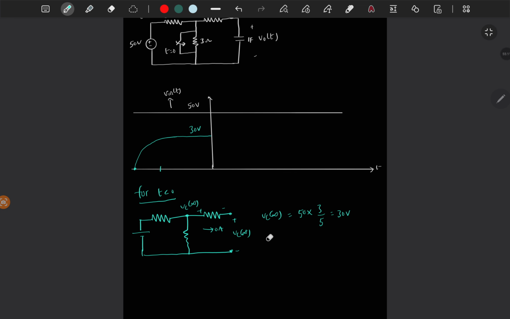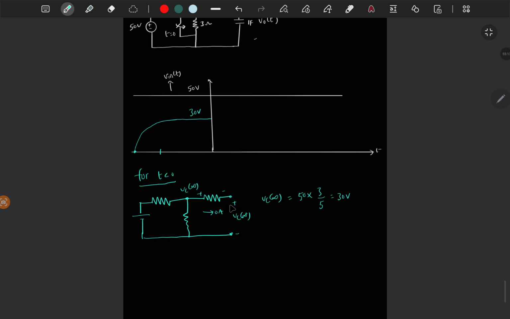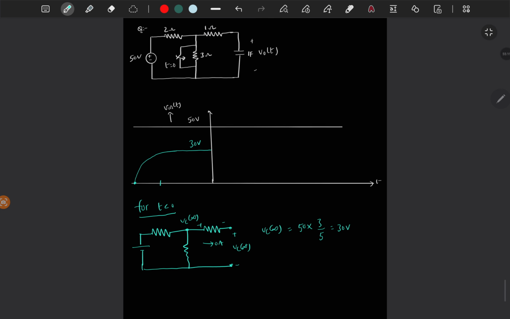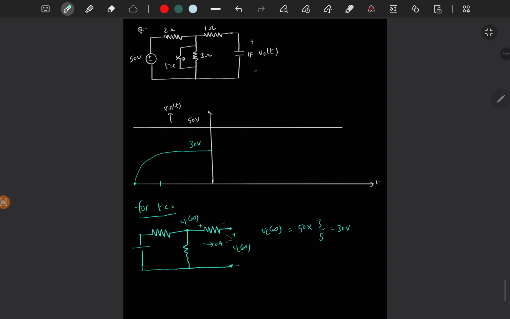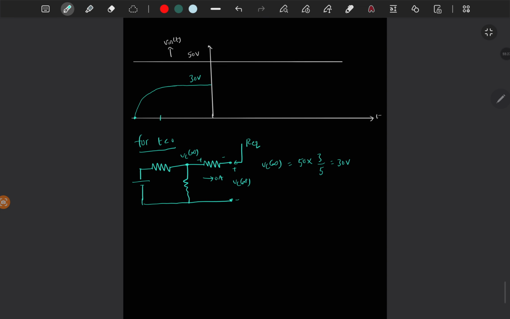So what is the time constant? You short circuit this voltage source, then you will get these two in parallel, which is 2 ohms and 3 ohms, and which is in series with 1 ohm, right? You are looking from here. This is R equivalent.